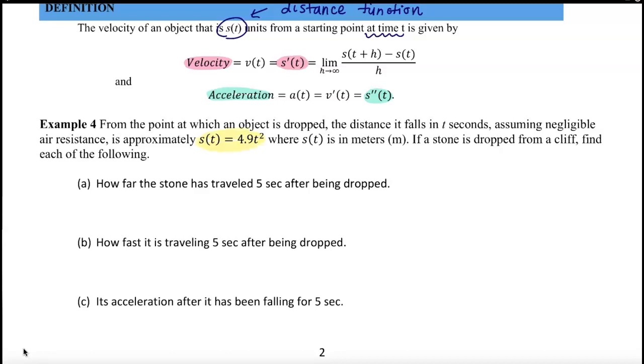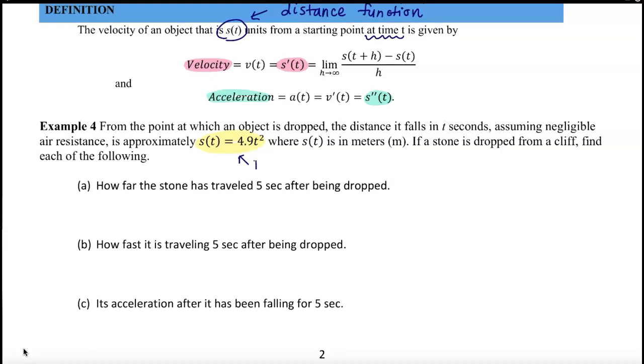So this is the distance function, which will give us where this object is at time t, where s of t is in meters. If a stone is dropped from a cliff, find each of the following. A, how far the stone has traveled 5 seconds after being dropped.